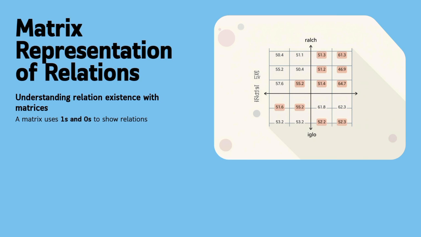For example, if set A is equal to 1, 2, and 3, and set B is equal to A and B, and the relation is 1A, 2B, 3A, then the matrix looks like this. Each row corresponds to an element of set A and each column corresponds to an element of set B. Matrices are especially helpful in computer science and advanced math because they simplify relations into numbers that can be processed easily.